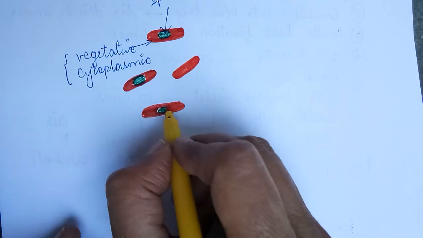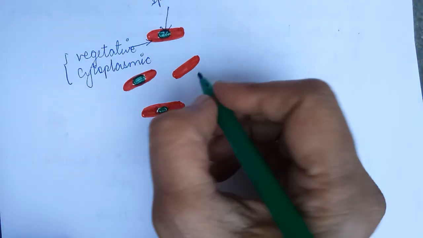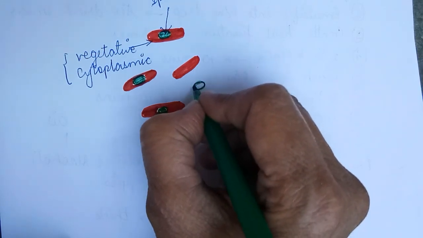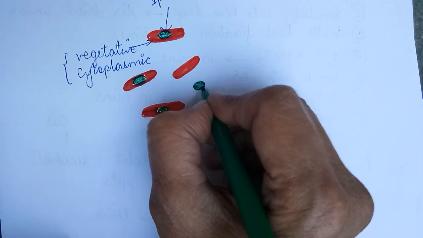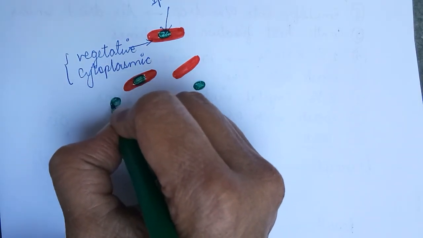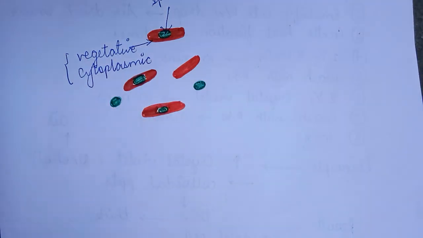It is just developing or growing. And if the spore has matured and come out of the cell, then it will be found in the smear in an isolated condition like this. So this is about spore staining of bacteria. Thank you very much.